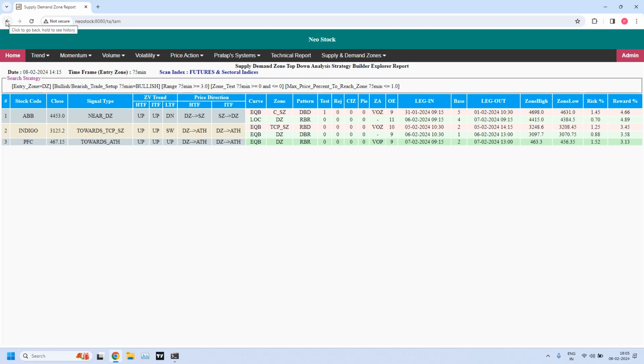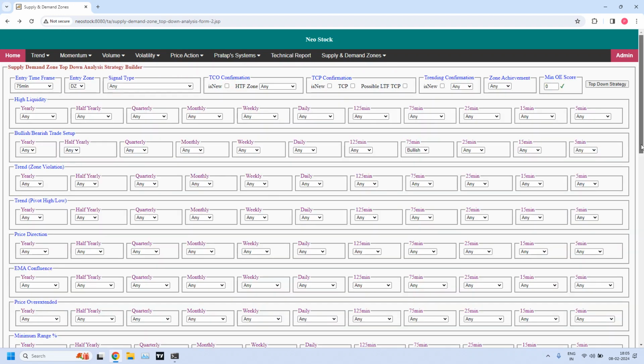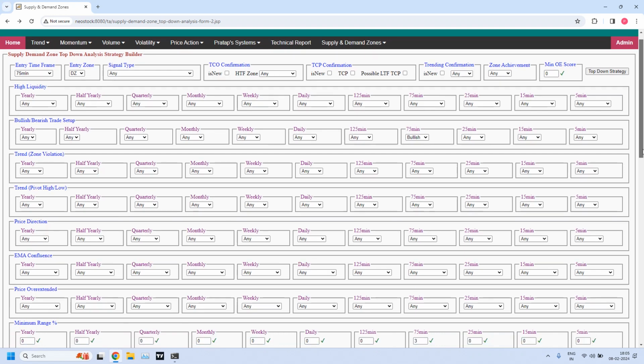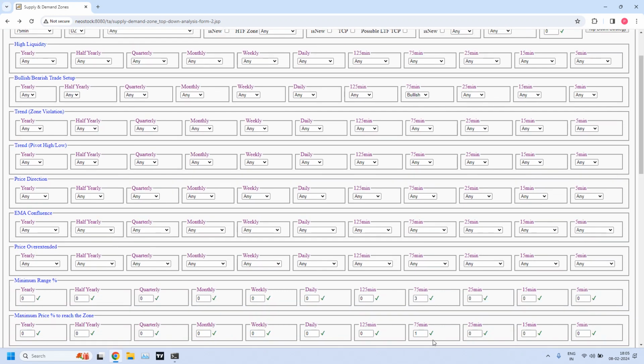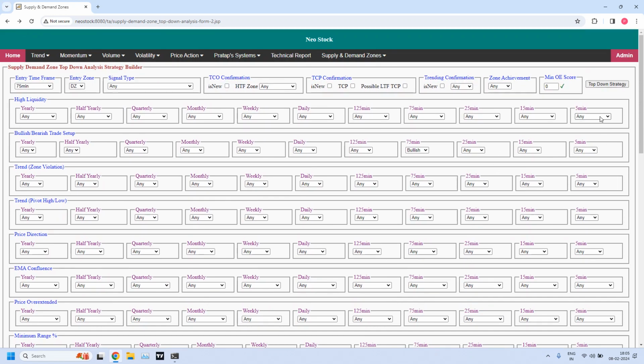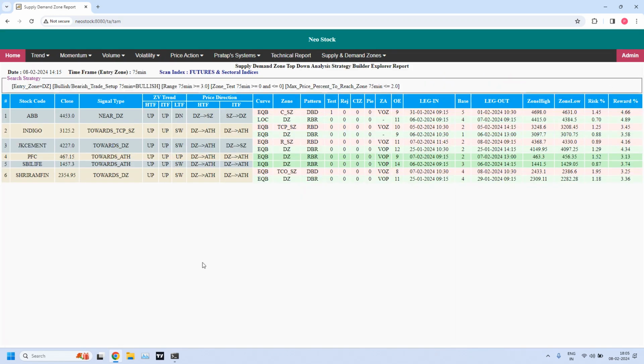Okay, within 1% we identified 3. Let us see within 2%. Out of those 21 stocks, now within 2%, how many are there? These 6 stocks are there.